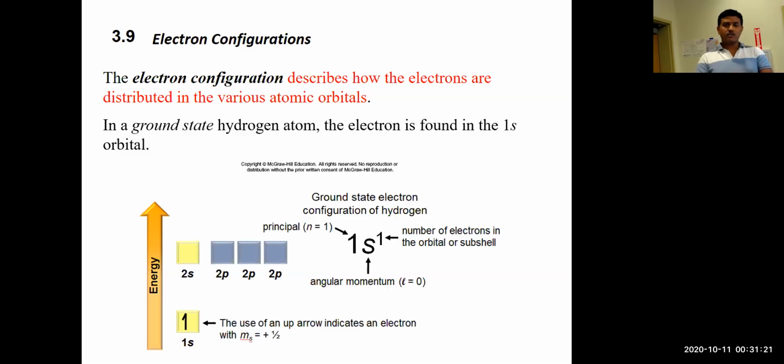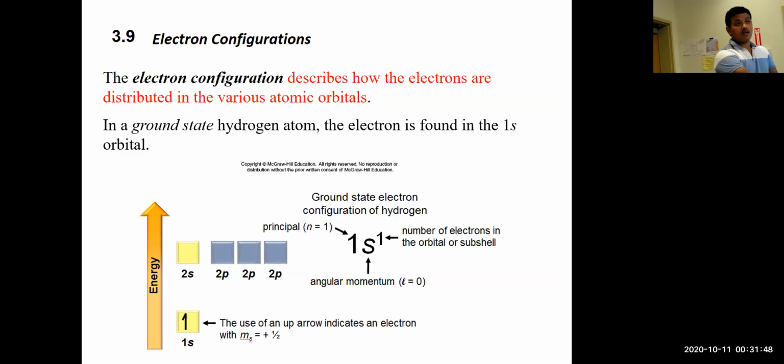The hydrogen electron goes to the lowest principal quantum number, shell 1, and shell 1 will have one angular quantum number, l equal to 0, so it will be 1s. To show how many electrons are present in that particular orbital, you use exponents.